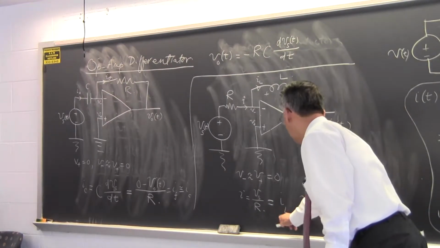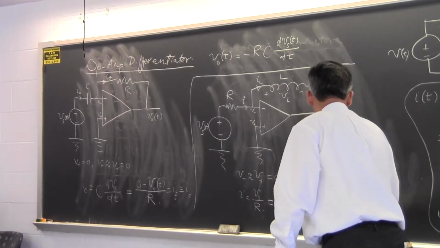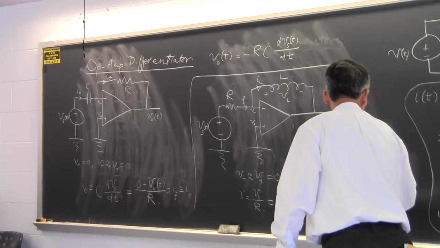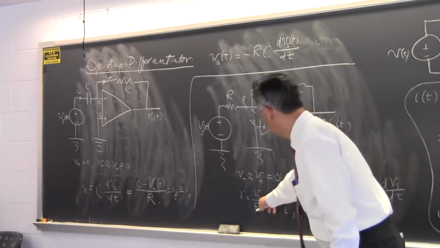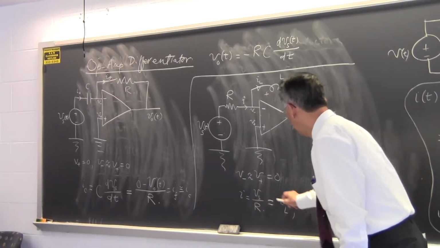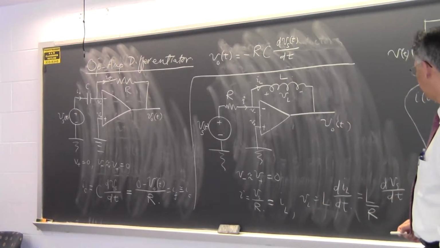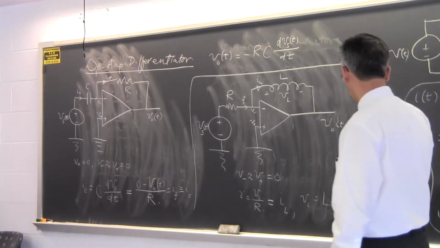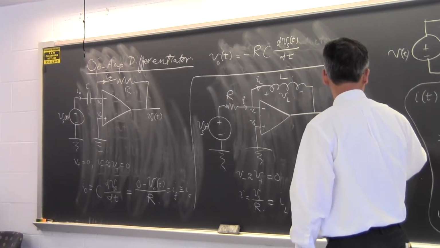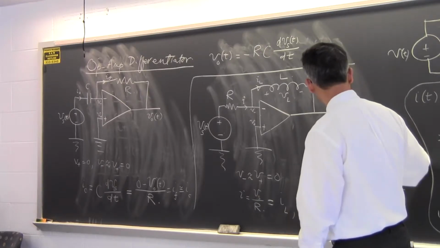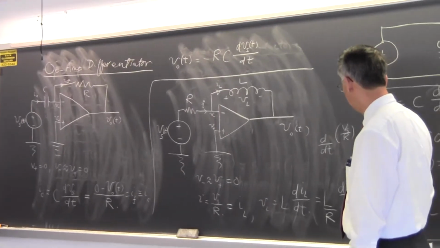According to this equation, IL and I are the same, so it's L dVs/dt divided by R. I just take the R out, substitute this into here, and put the Vs. Vs is the only thing that changes with time. So initially I have something like d/dt of Vs over R. And then I take the R and put it outside, because R is a constant. So I have L over R.